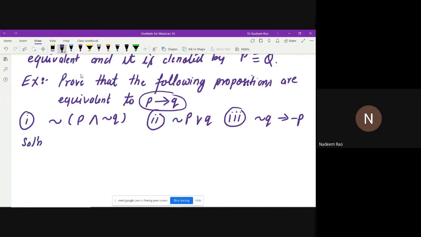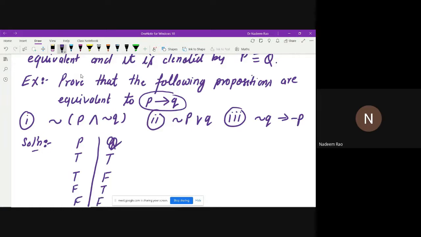Now we check it for the solution, and it's very simple. Here we have P and Q. As we know, there are four cases: P may be true and Q may be true, then P true and Q false, or P false and Q true, or both may be false.